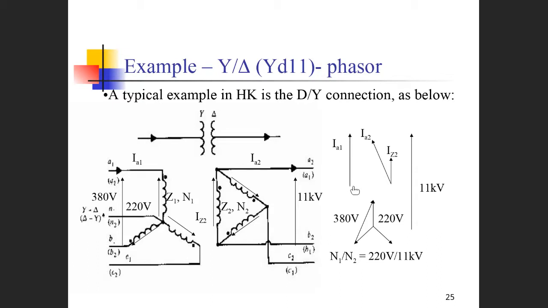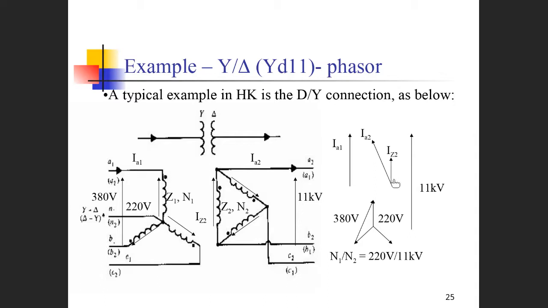Similarly, for the primary A1 line currents, which is the A1 phase currents, the A2 line currents are the A2 phase currents minus the B2 phase currents.